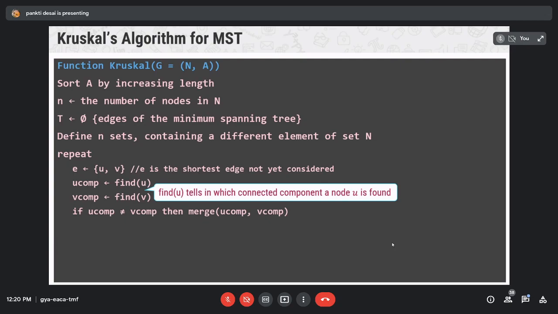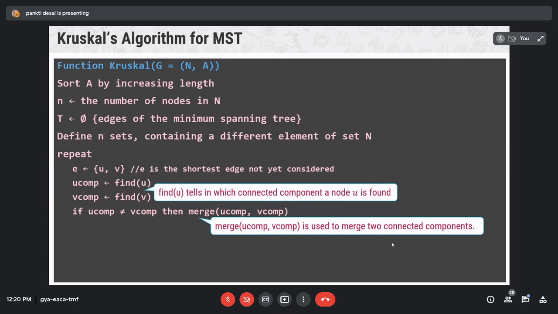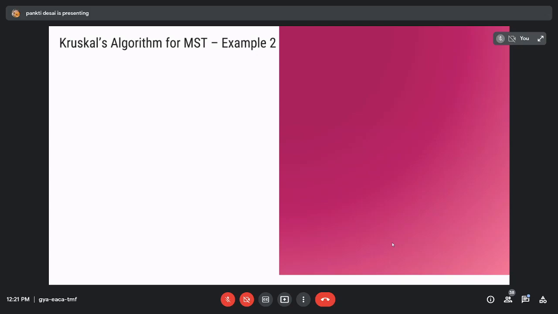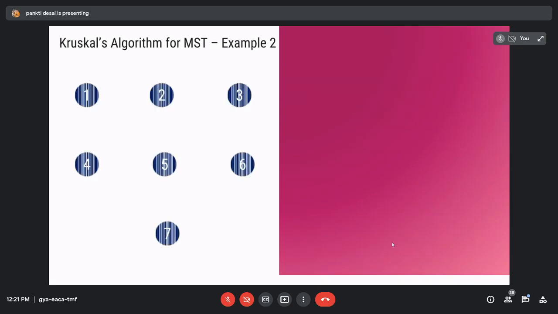It means this node is for the final minimum spanning tree, right? And this merge ucomp and vcomp is used to merge two connected components, right? If you find any node u, right, then T union e. So this edge is now added into the spanning tree, right, until T contains n minus 1 edges, and return the value of T.